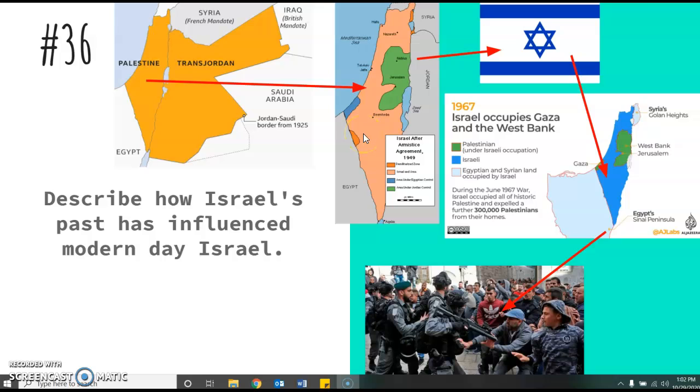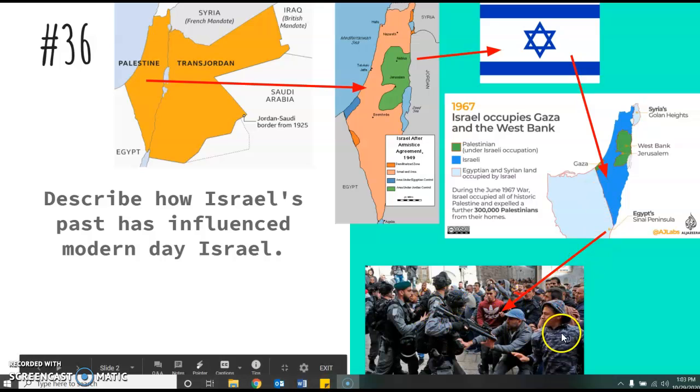And so the country of Israel was sort of made on land that had already been occupied by other groups of people. And then in 1967, they expanded from not just controlling only the blue land, but then the Israelis began occupying these 2 territories. So the country of Israel was formed and then has grown.